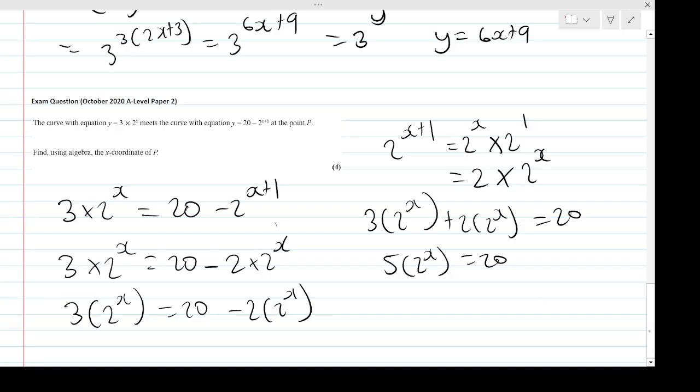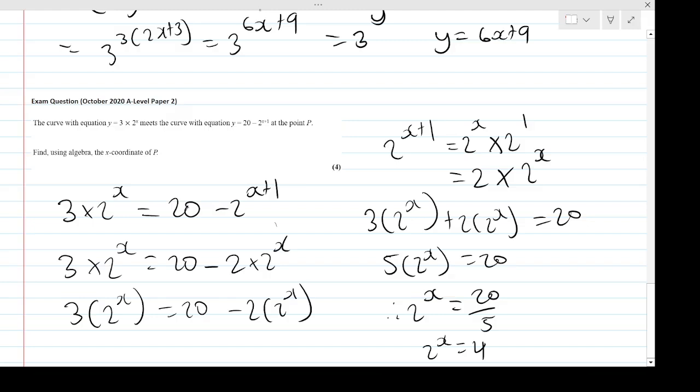Okay, cool. Now, if I want x on its own, the best bet is to get rid of this 5. So I'm going to divide by 5 to get rid of the coefficient, the number in front. So simply 2 to the x is 20 over 5. So 2 to the x equals 4. Now, kind of like the last question, you should be able to spot this solution now.